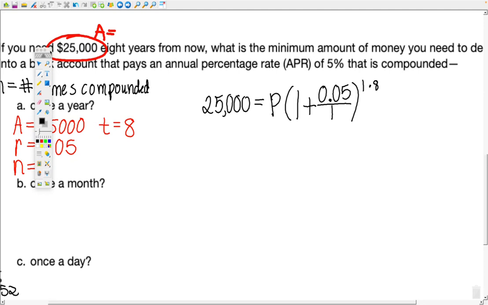If I put in the calculator parentheses 1 plus 0.05 divided by 1, and so on, it's gonna give me a long number that is never ending. But you don't want to use that number because it'll make you round things off and take the preciseness of your answer away.